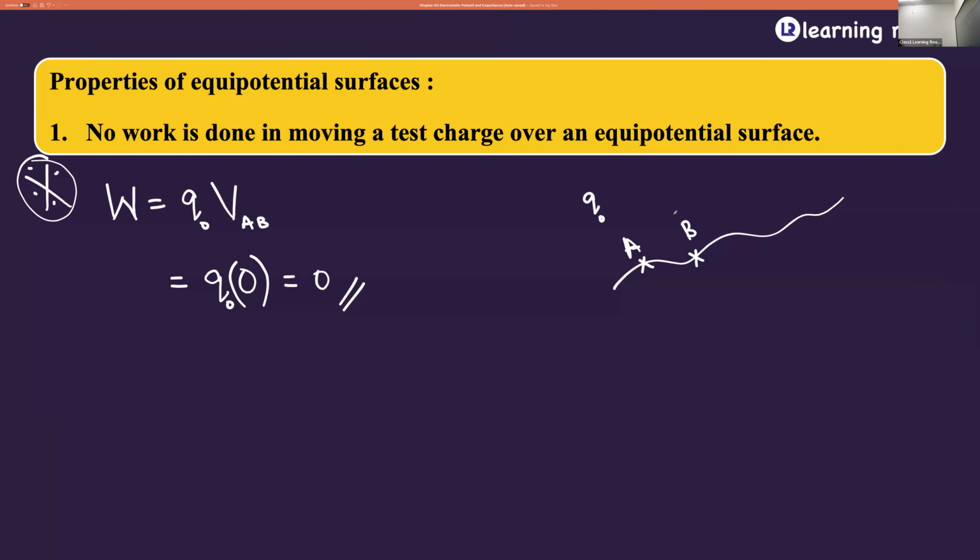So property number 1 is: no work is done in moving a test charge over an equipotential surface.